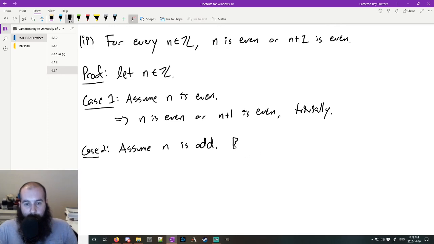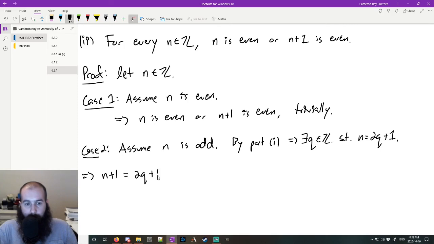So now by part 1, we know that there exists a q such that n is equal to 2q plus 1. Using this, we can compute n plus 1. So n plus 1 is equal to 2q plus 1 plus 1, which is 2q plus 2, which is 2 times (q plus 1).